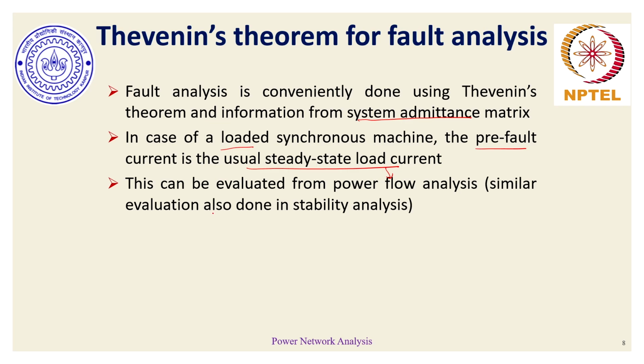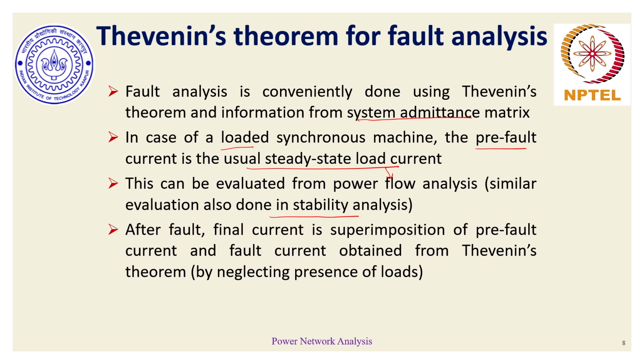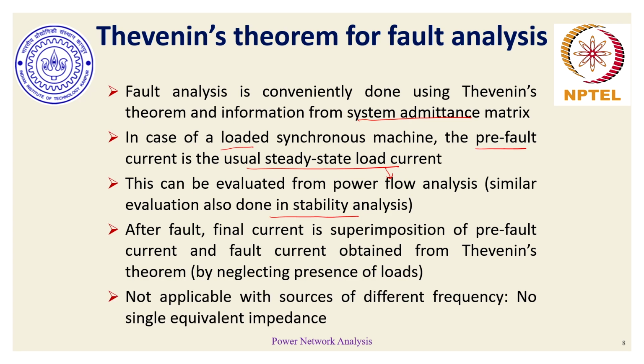We would also have a similar evaluation in stability analysis when we deal with disturbances and their impact on stability. After the fault, we apply Thevenin's theorem, find the change in currents, and superimpose them on the pre-fault steady state currents to find the overall post-fault current.